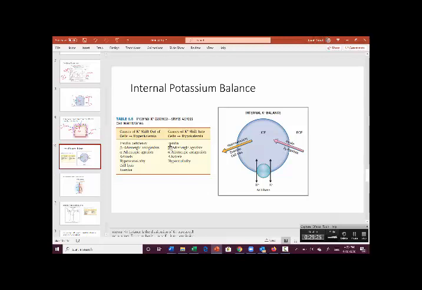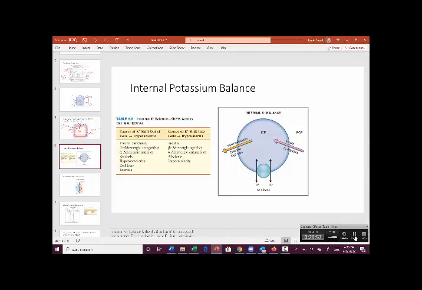All right, so let me tell you about this potassium issue we have. Potassium is found most abundantly inside the cell. And I want you to know that there are 2 places we need to balance potassium. We need to balance potassium internally and potassium externally.